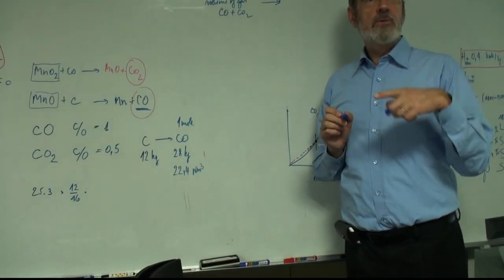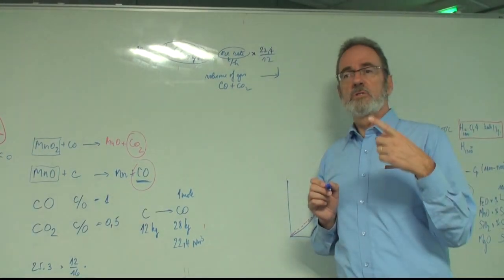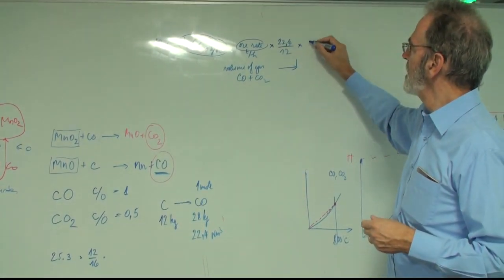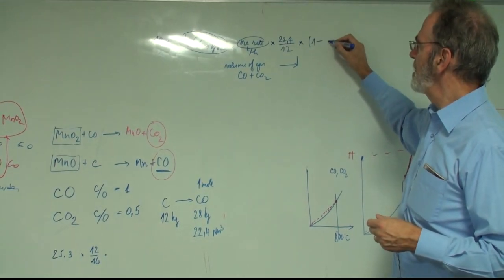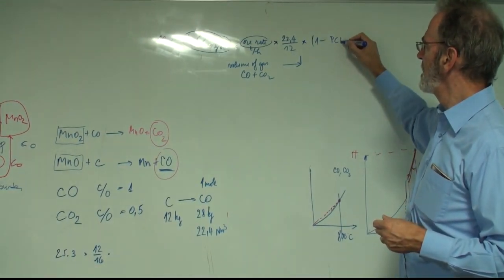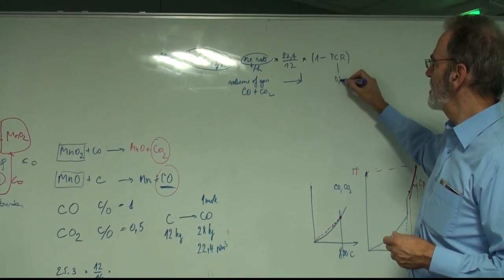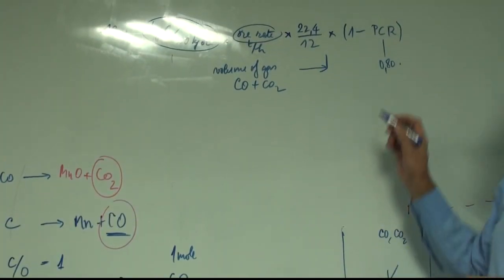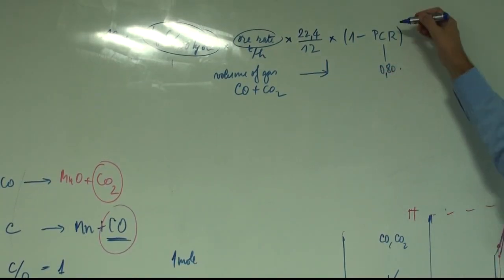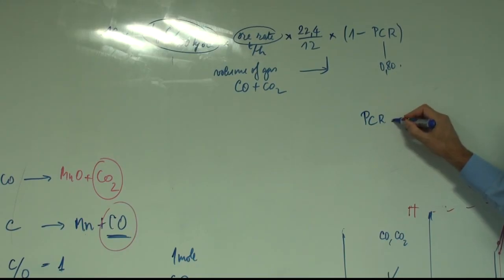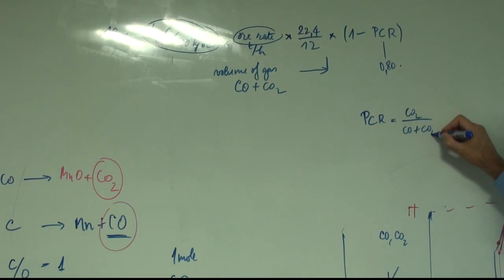And now I want to just know the CO. I multiply by 1 minus PCR. And this is, in our case, 0.80, because PCR is CO2 over CO plus CO2.